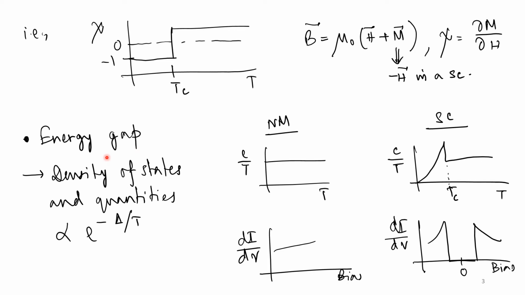What do I mean by energy gap? Well, even though a superconductor conducts a lot, there is infinite conductivity. Surprisingly, if you measure other kinds of characteristic observables, it will actually emulate or mimic an insulator.